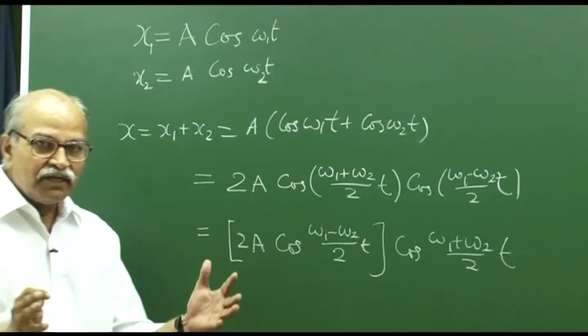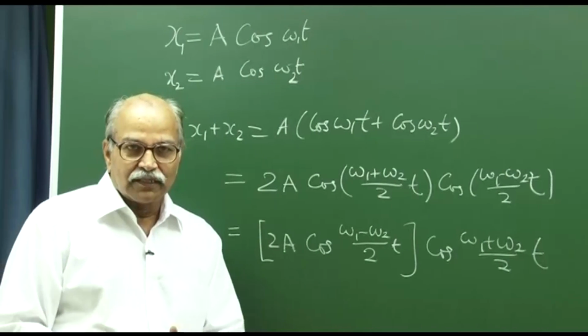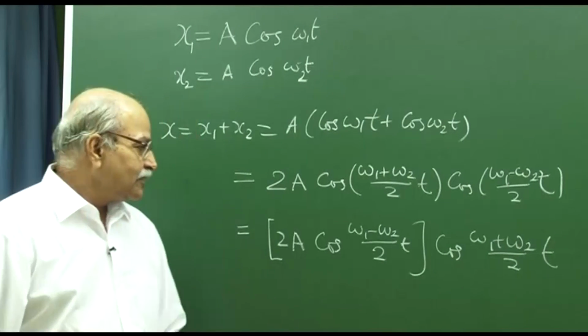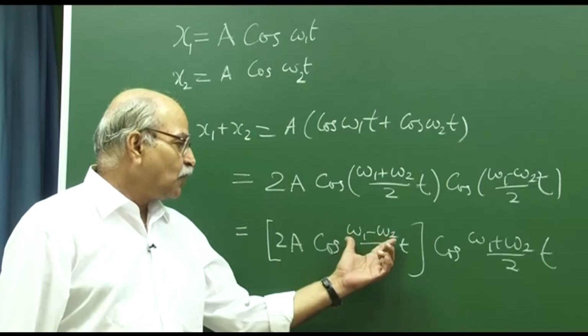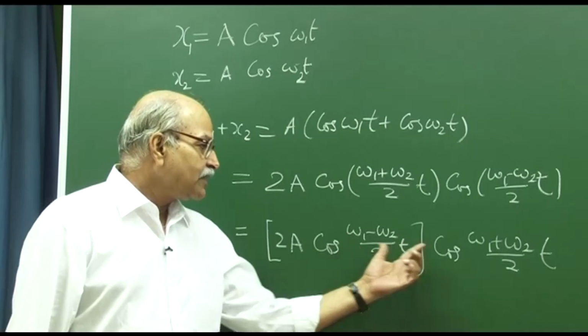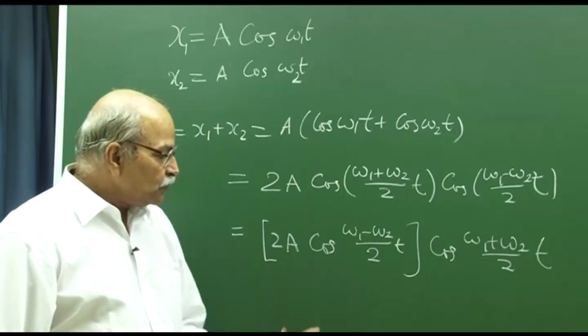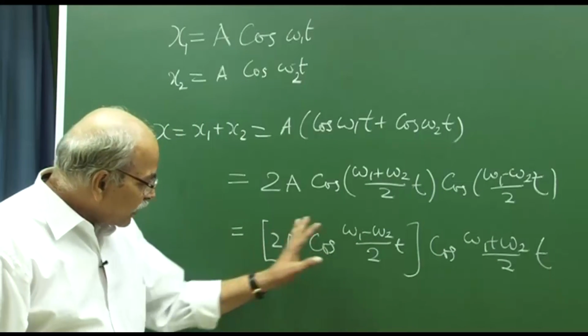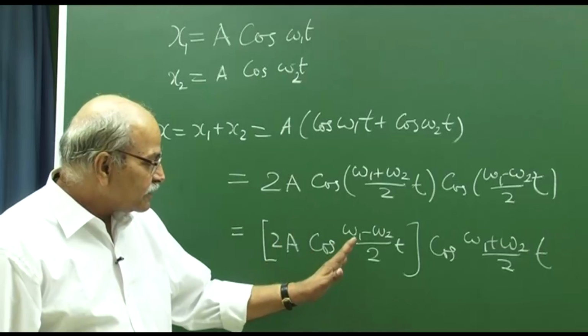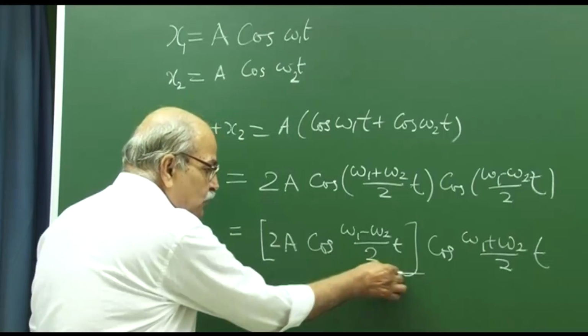Now, if omega 1 and omega 2 are close to each other, then this is going to be a small number and this is going to be a much bigger number. So, you can describe this as an oscillation with this as the amplitude.